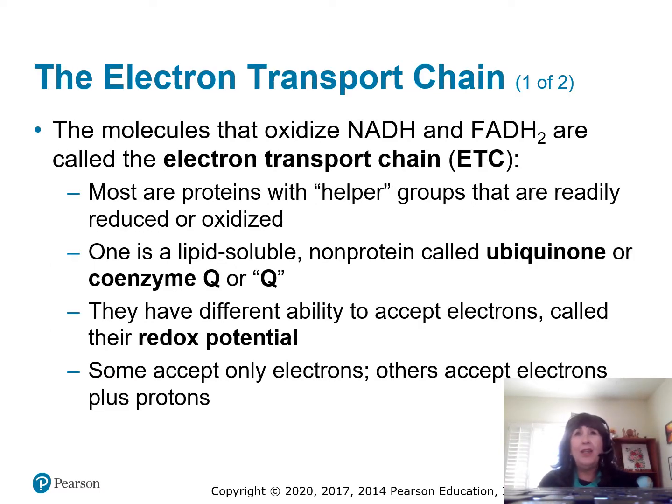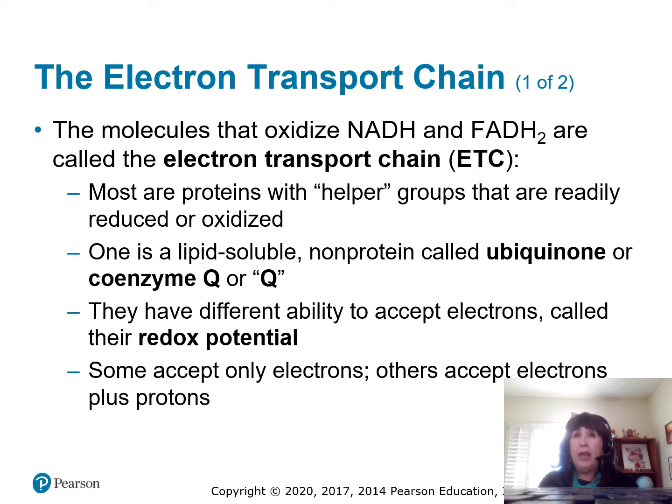Okay, so here we have the electron transport chain. This is where all of the electrons will be deposited. So notice here that there's a lot of other molecules that are involved. Here we're talking about ubiquinone. We're also going to see that iron is involved. Boy, these look like coenzymes and cofactors.